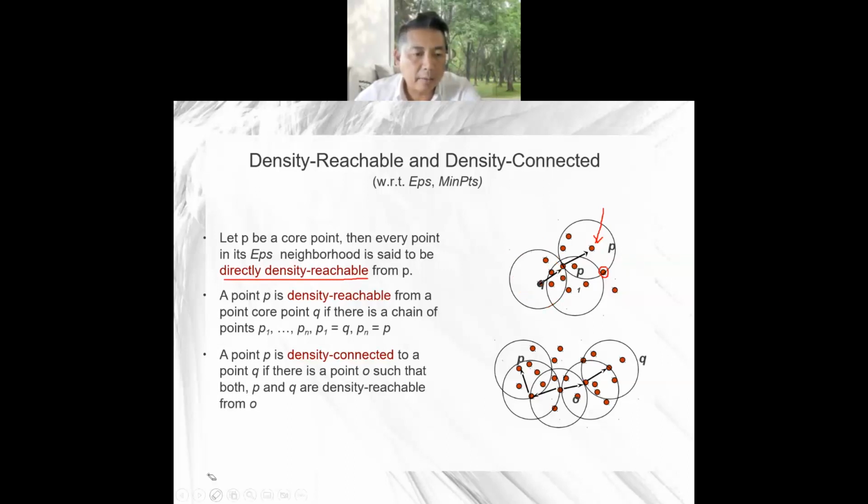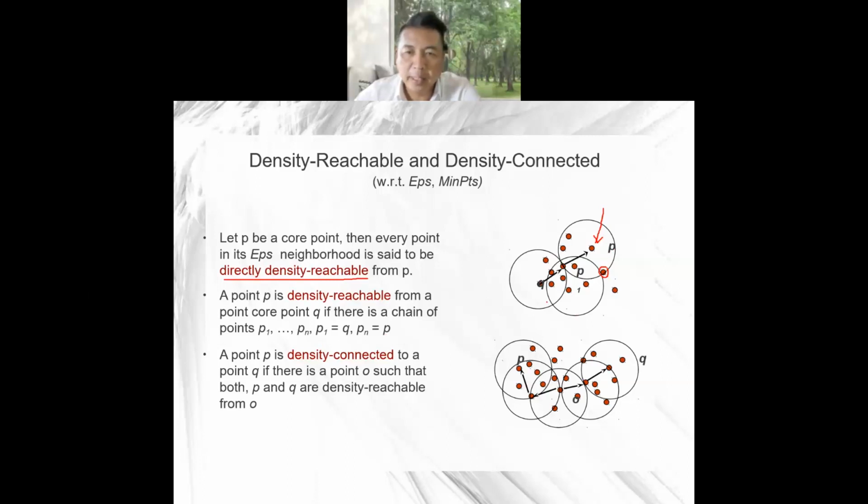So we say that a point P is density reachable from a point Q if there is a chain of points P1 up to Pn, where this is your P1 and this is your Pn.